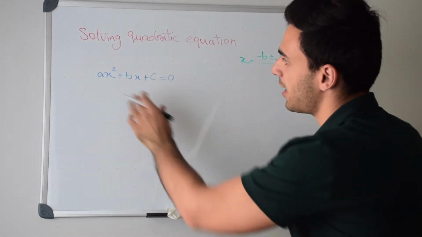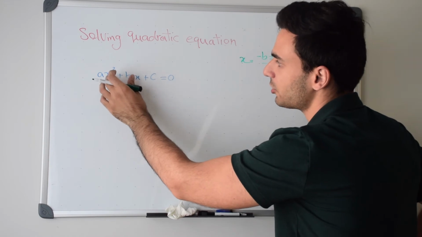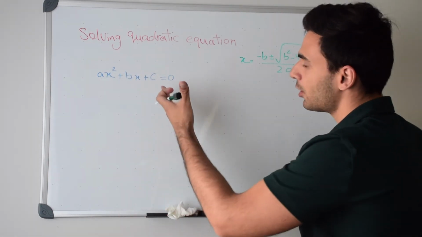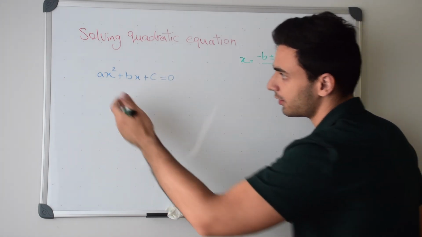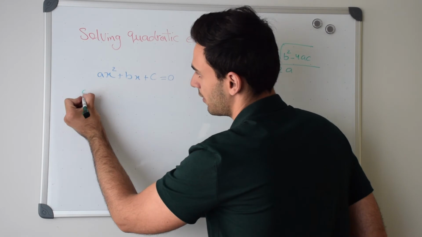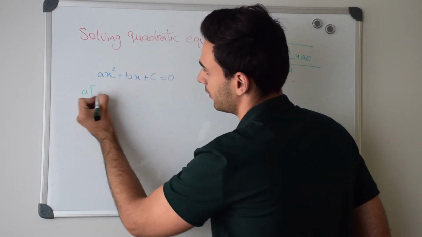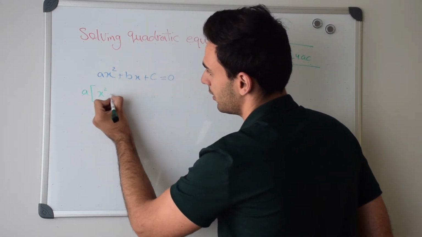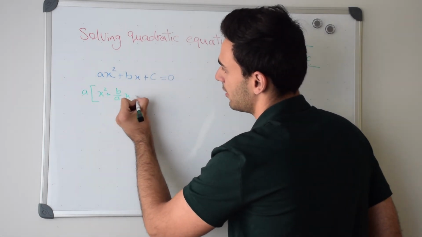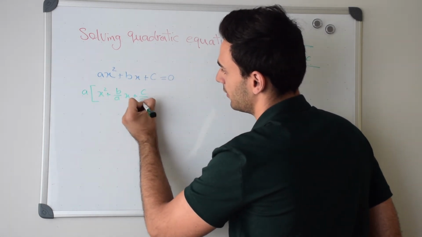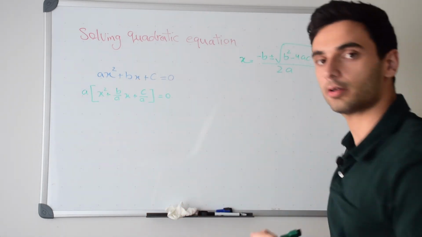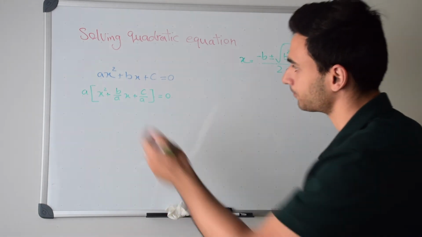Remember I said the coefficient of x squared should be 1 to proceed with those steps. So in order to get there, I'm going to factor it: x squared plus b over a x plus c over a equals 0. Now I'm going to follow those steps.